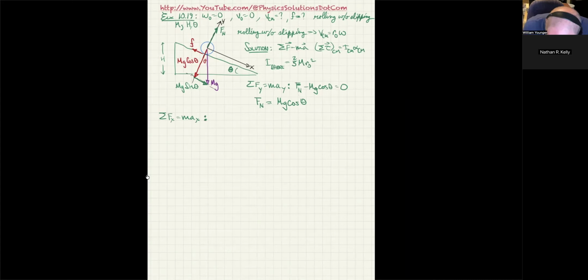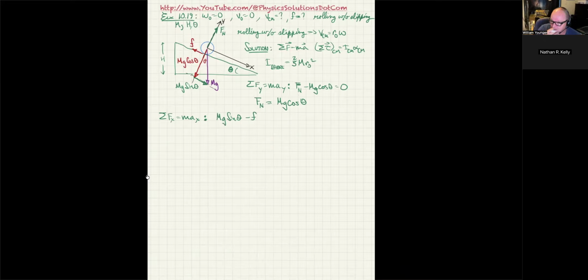So what we see here is the summation of forces in the x direction. I really only have one force acting in the positive x direction, and that's the mg sine theta. That's the component of the weight that pulls it down the incline. And now I have minus the friction force, which is acting up the incline because its intent is to stop the relative motion.